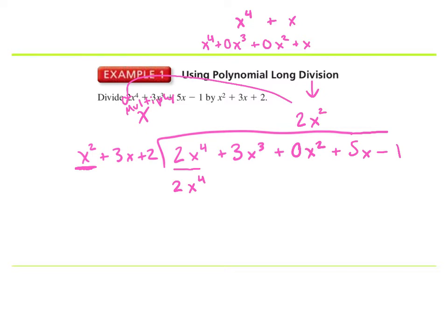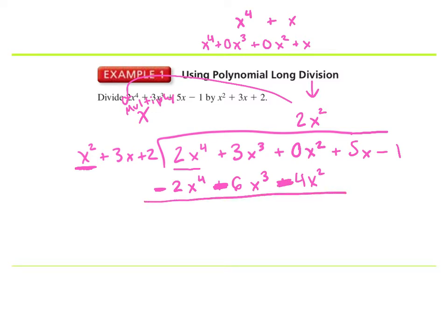What's 2x squared times 3x? 6x to the 3rd. And then 2x squared times 2. 4x squared. Next, we have to change all of our signs of what we just got. So we make this a negative, make this a negative, make this a negative, and then we combine with the row above.